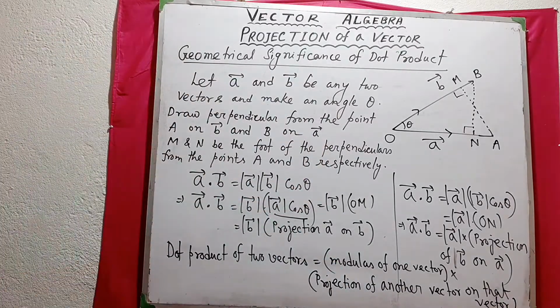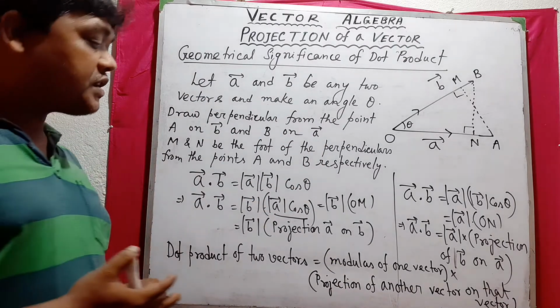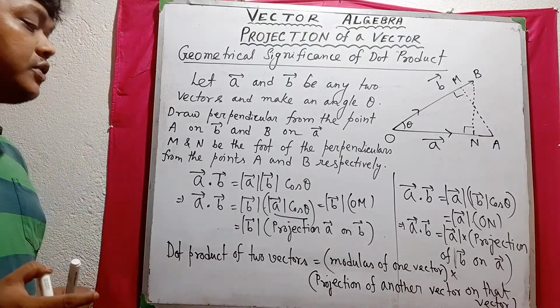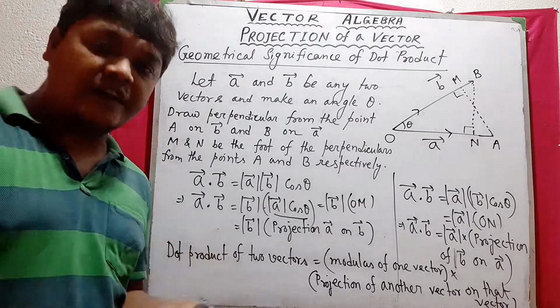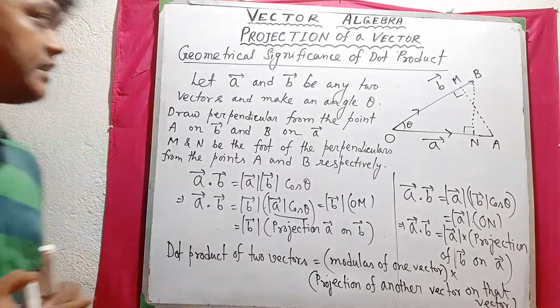The geometrical significance is the projection of another vector on a vector, into the modulus of that vector. Clear? That is the geometrical significance.